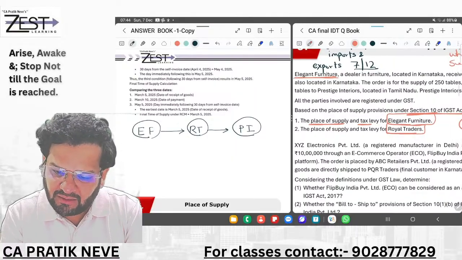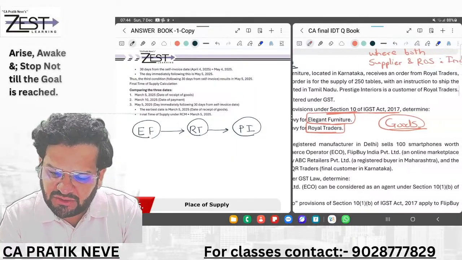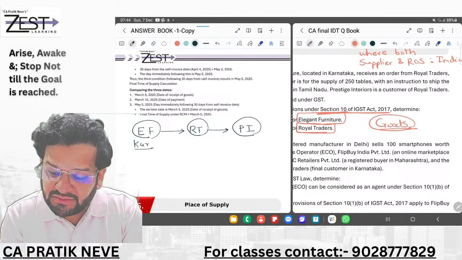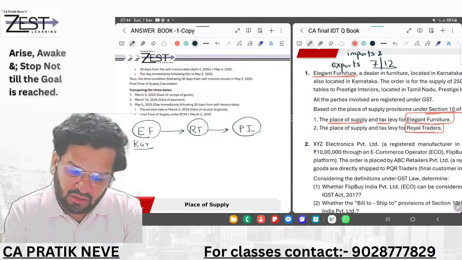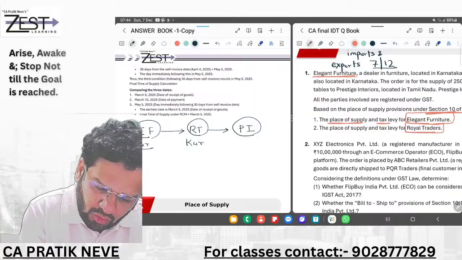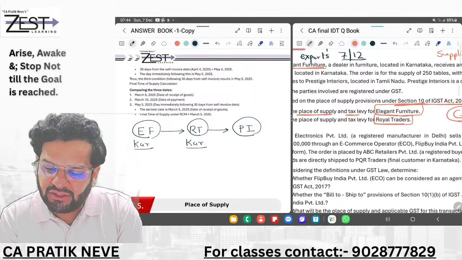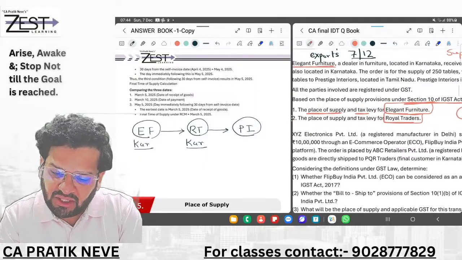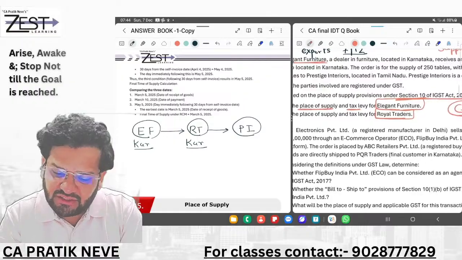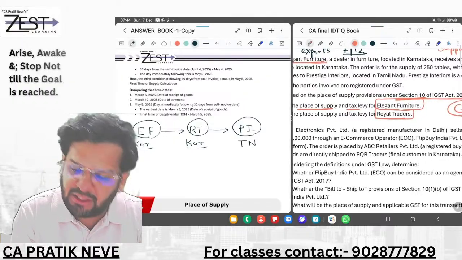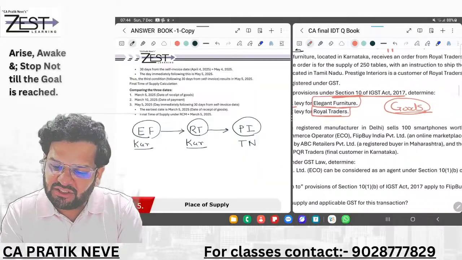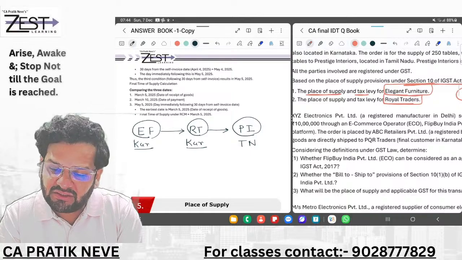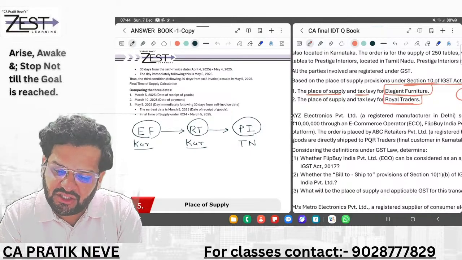Elegant Furniture, a dealer in furniture located in Karnataka, receives an order from Royal Traders, also located in Karnataka. The order is for supply of 250 tables with instruction to ship the tables to Prestige Interiors located in Tamil Nadu. Prestige Interiors is a customer of Royal Traders. All the parties involved are registered under GST.